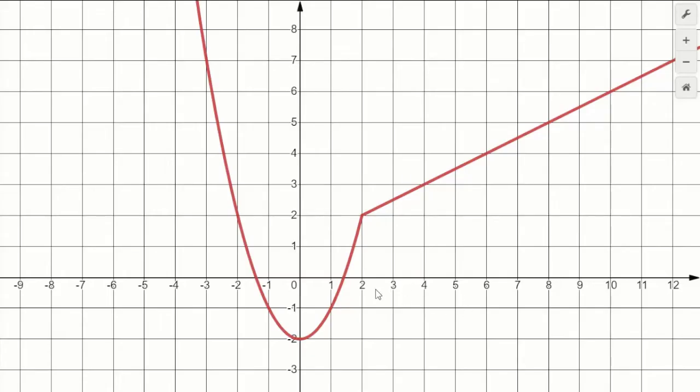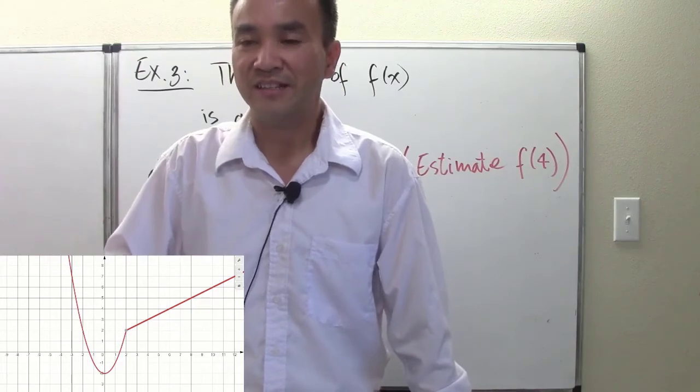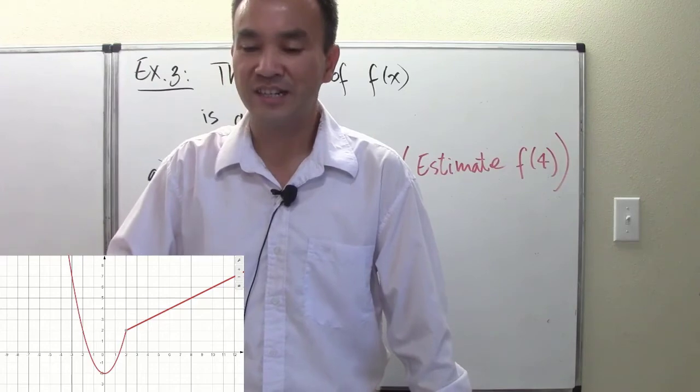When x equals 4, together with the output, we have a point, and even when I try to use the tracing feature, it's not getting me the exact point. But with x equals 4 on the x-axis and y equals 3 on the y-axis, we have a point, and that point stays right on the graph. That's the whole idea about using a graph to represent a function, to represent the x and y, the input and output values of a function.